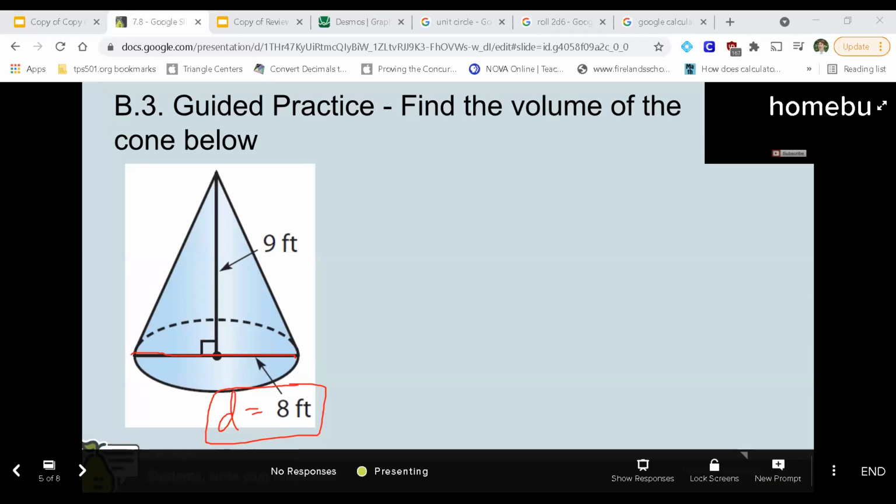It's in the bottom. It's that X to the Y button. You have to click that and press 2. And then divide by 3. Yep.